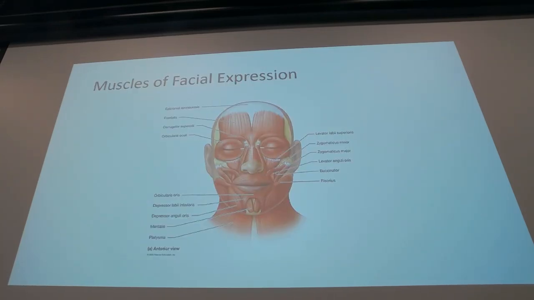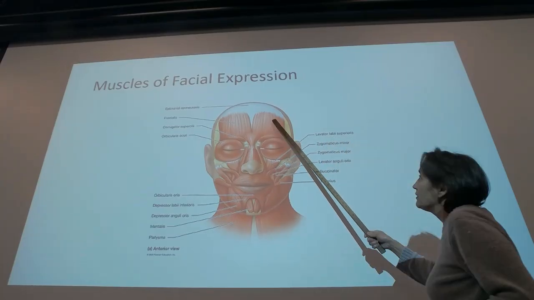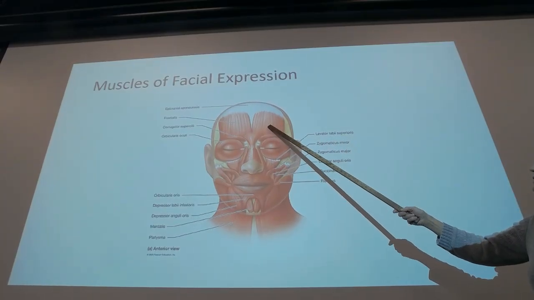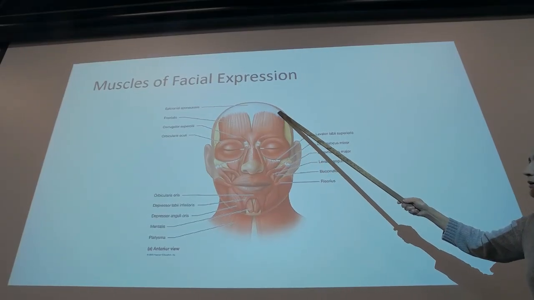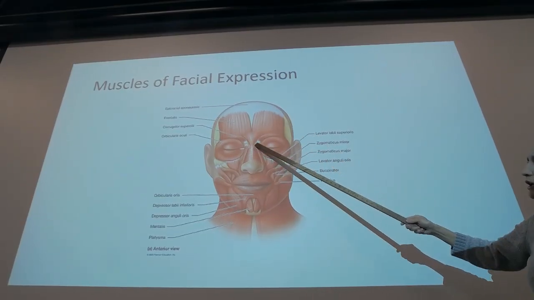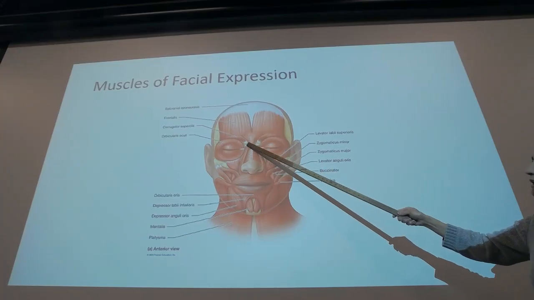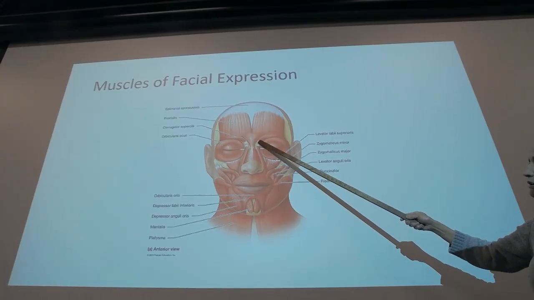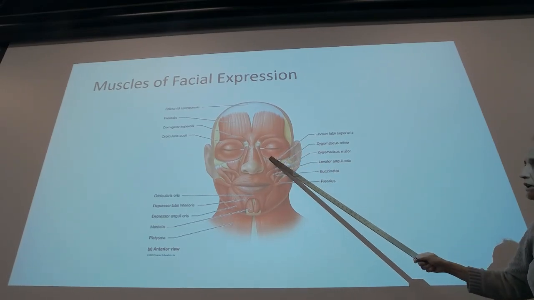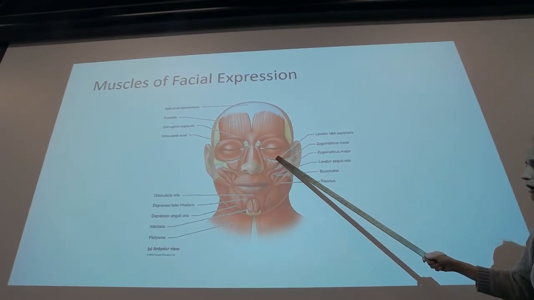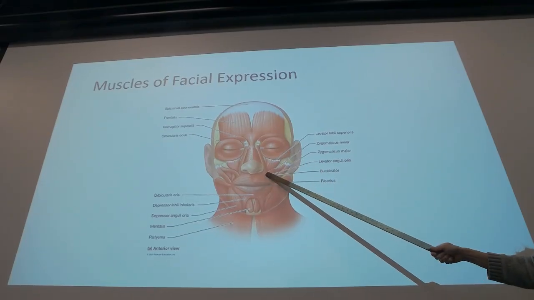So here is the location then of all these muscles of facial expression. Frontalis, part of the frontooccipitalis. This is the galea aponeurotica or the epicranial aponeurosis. Here we have the corrugator supercilii. Well, it's here. Actually, this. Orbicularis oculi. And then here we have levator labii superioris.